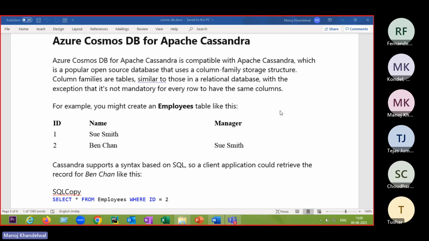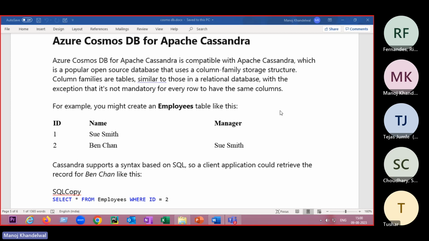Do you remember column family storage structure? Anybody remembers? The first document which I shared with you has that. What is a column? How does it look?